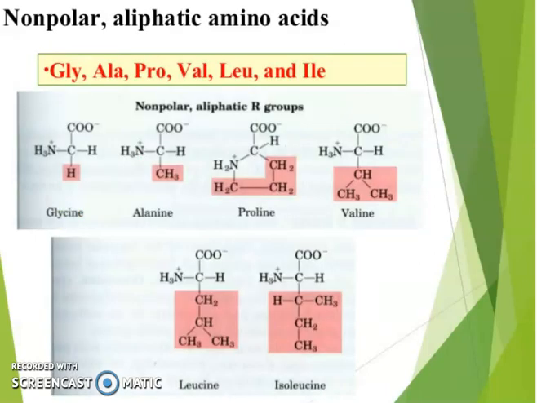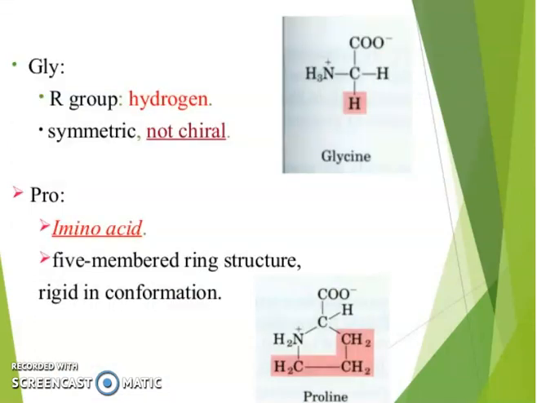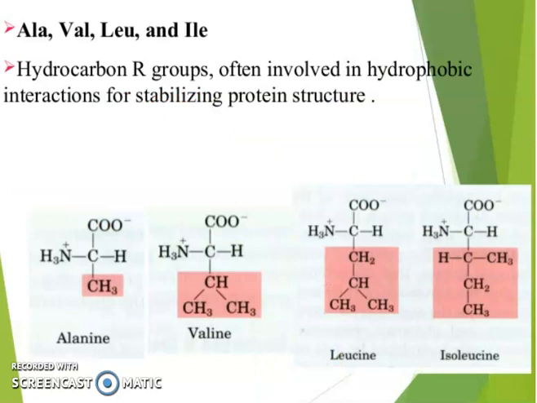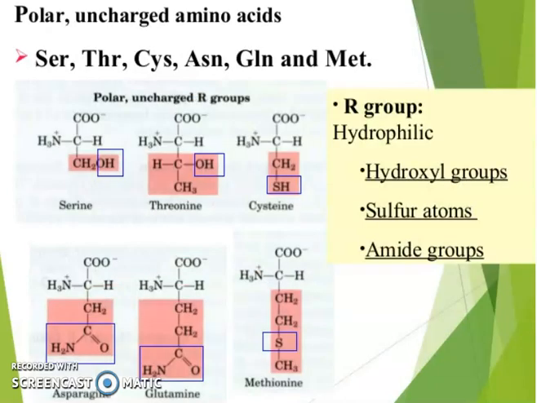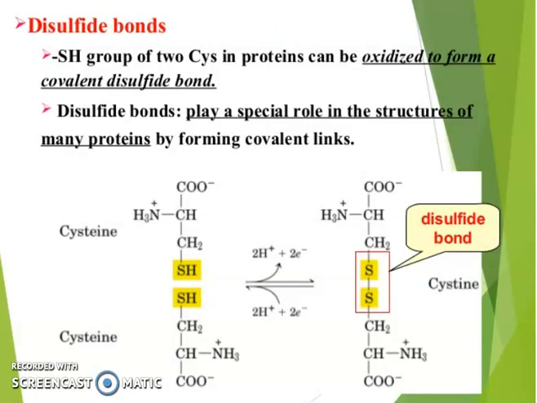Non-polar aliphatic amino acids, you can see here. Polar uncharged amino acids have a hydroxyl group, sulfur atom, or amide group. The SH groups of two cysteines in a protein can be oxidized to form a covalent disulfide bond.